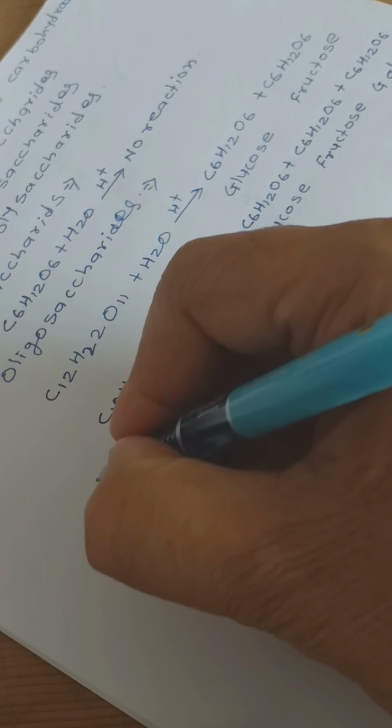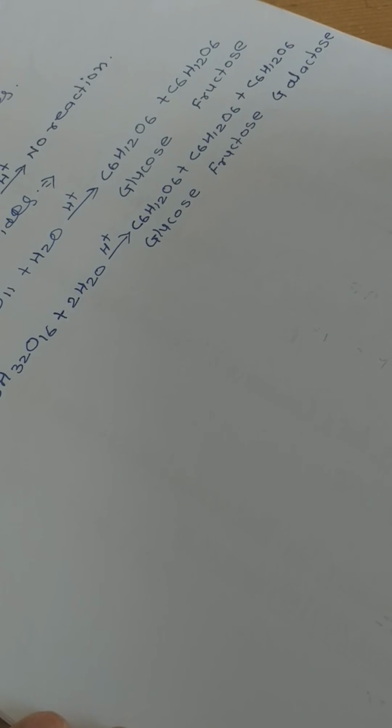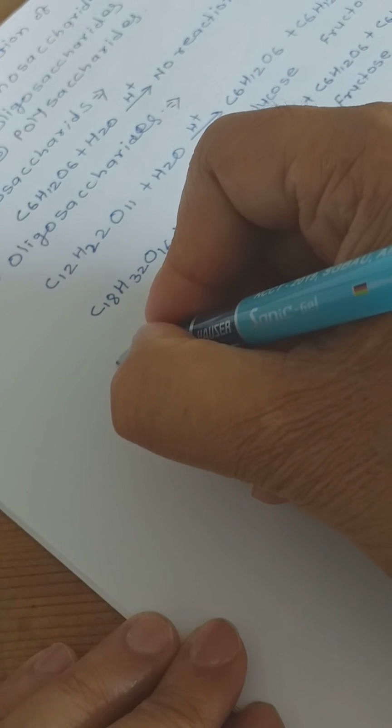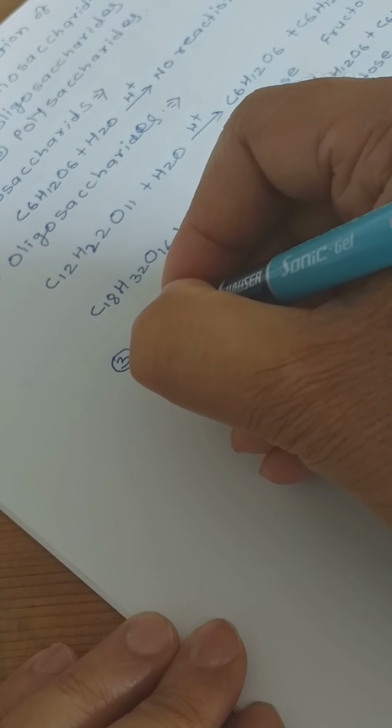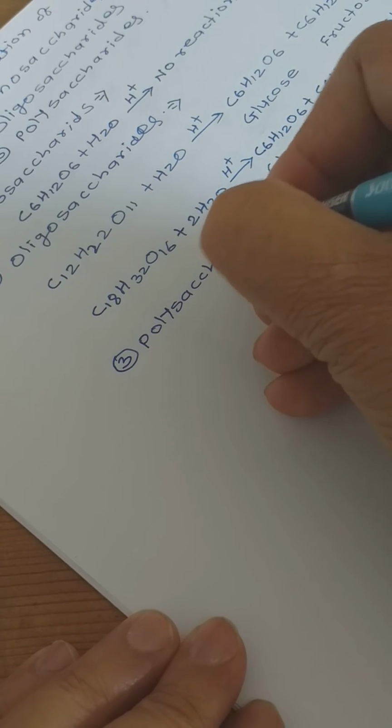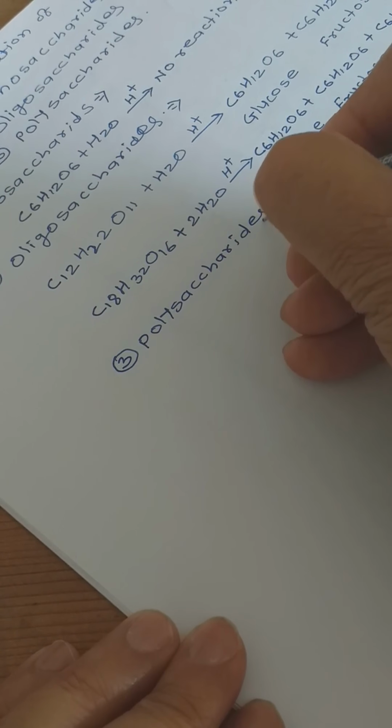Now third type, that is polysaccharides. Polysaccharides contain more than 10 monosaccharide units in the molecule. Thus, one molecule of starch or cellulose upon hydrolysis yields a very large number of glucose units.